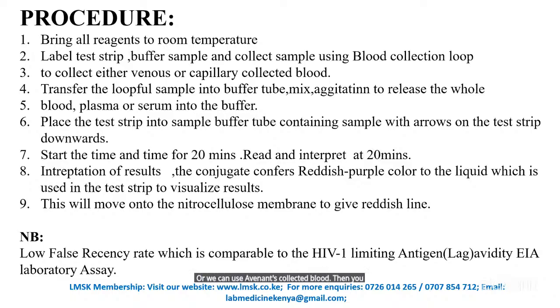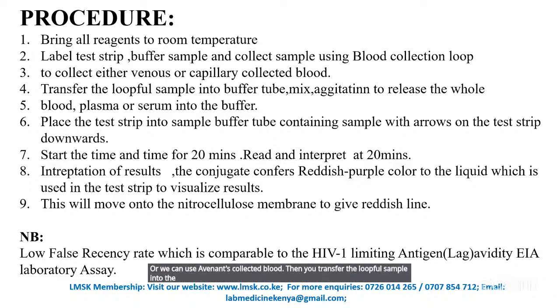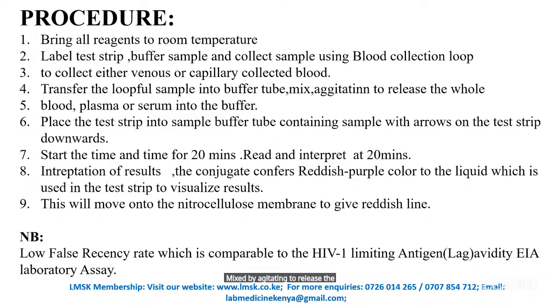Then you transfer the loopful sample into the buffer tube, mix by agitating to release the whole blood or plasma or serum. So the Asante can use whole blood, which is preserved in EDTA, or we can use plasma from the EDTA tube, or we can use serum.